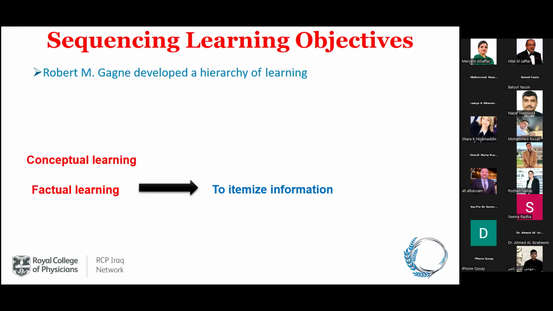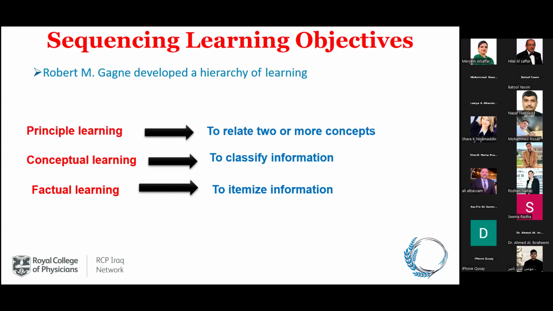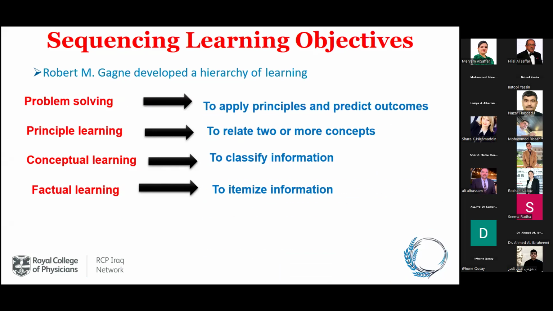The second part is conceptual learning, which includes classifying information. You have collected this information, you have to organize and classify it, and then principle learning, which will include relating two or more concepts together, and the final, problem solving, which is to apply principles and predict outcomes.